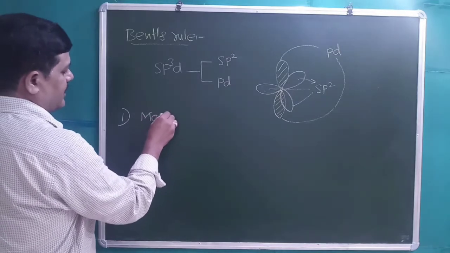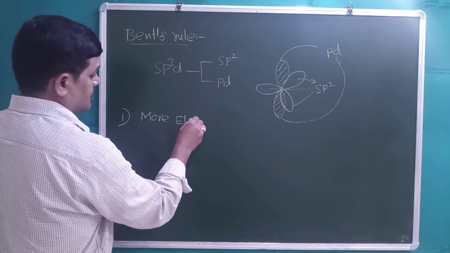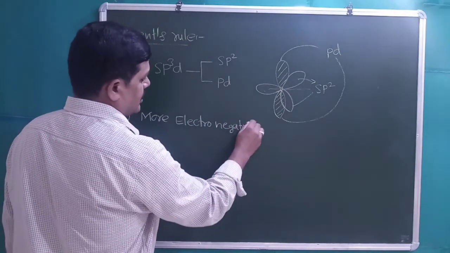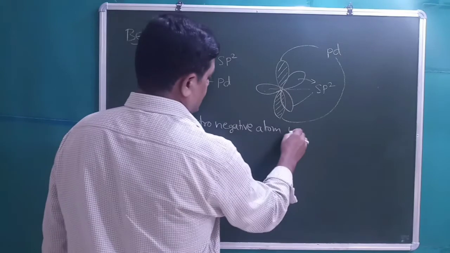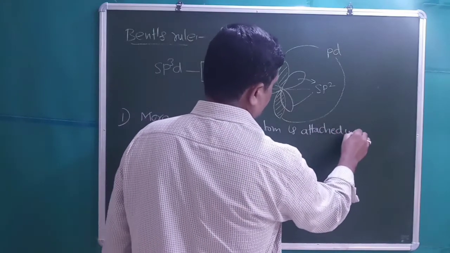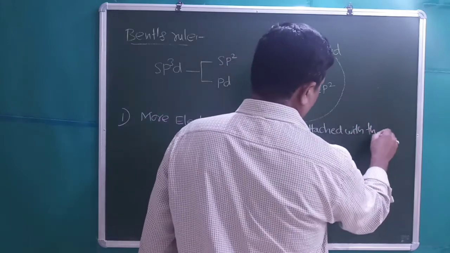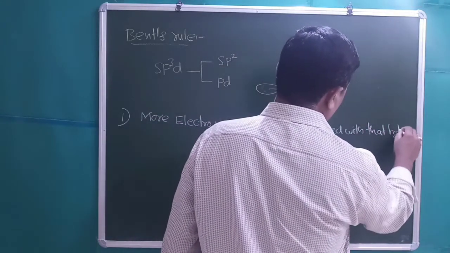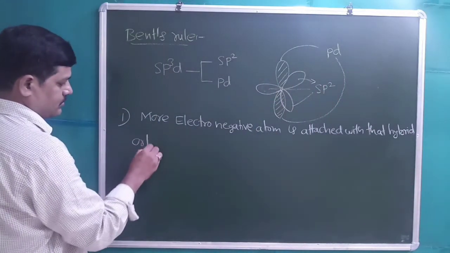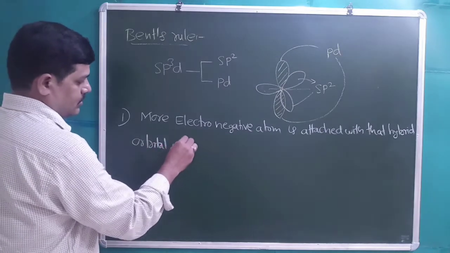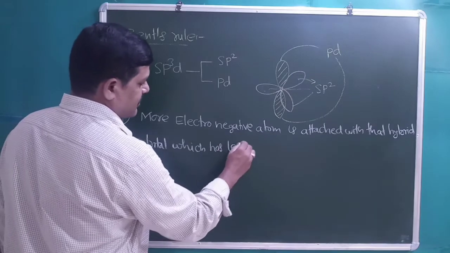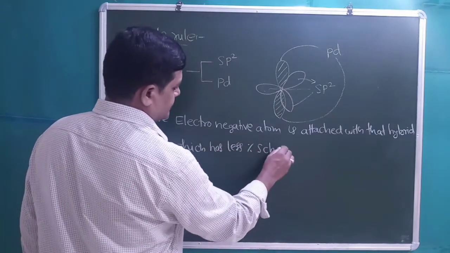More electronegative atom is attached with that hybrid orbital which has less percentage s character.